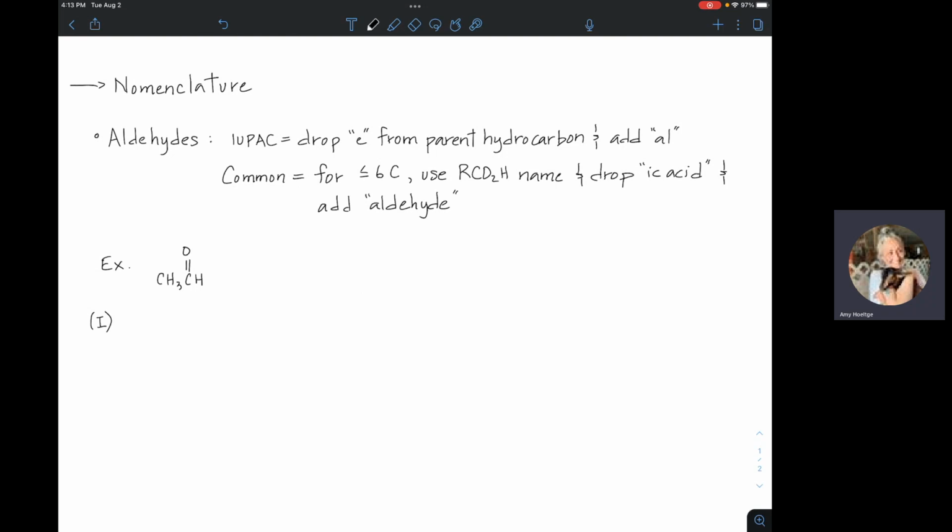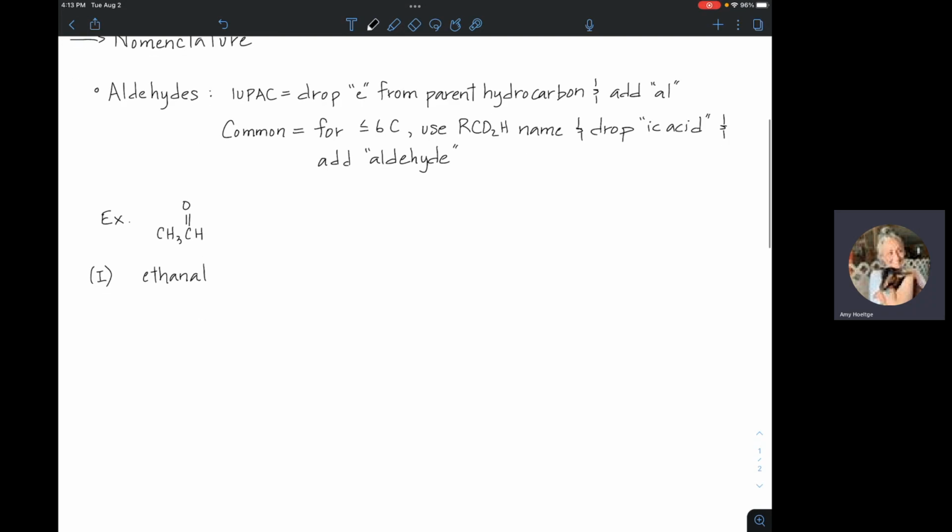We drop the E from ethane and add al. So this becomes ethanal. Al means aldehyde, just like ol means alcohol. For common nomenclature, that would have been acetic acid. We drop the ic acid and add aldehyde, so this becomes acetaldehyde.